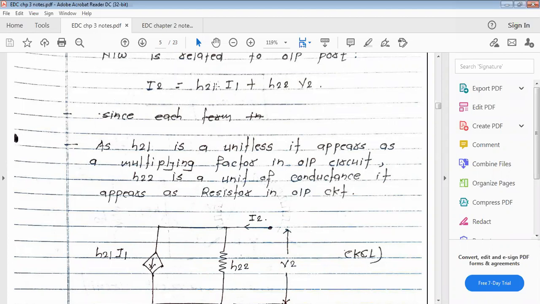Yes, it depends on the value of H21 I1. Means the output parameter depends upon the input current. What is the input current? It is I1. In short, we can say I2 depends upon I1. And see here, whenever there are independent sources, they are going to be shown like this.